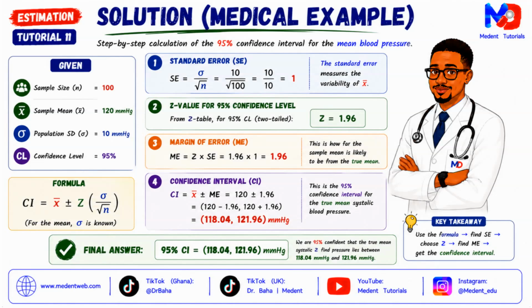Next, we select the z-value for a 95% confidence level, which is 1.96. The margin of error is therefore 1.96 multiplied by 1, giving 1.96.